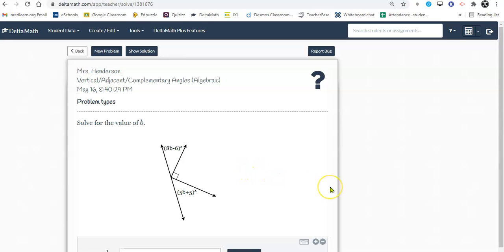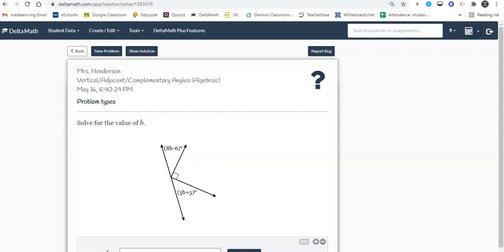These have to do with our algebraic angles. Now, sometimes your angles are supplementary, sometimes they're complementary, and sometimes they're equal to each other. In this example, I have 3 angles, 8b minus 6, 5b plus 5, and this angle right here, which hopefully you remember is 90 degrees.